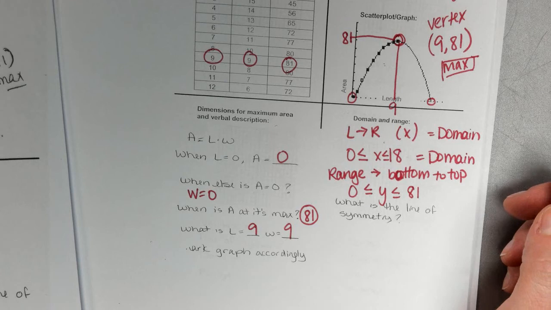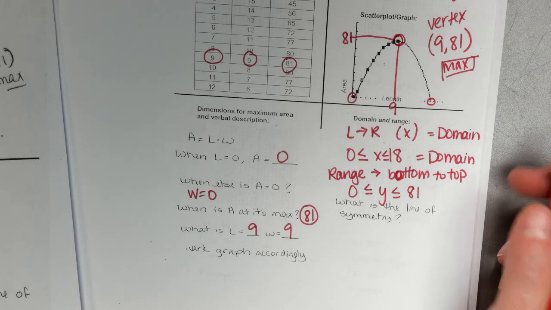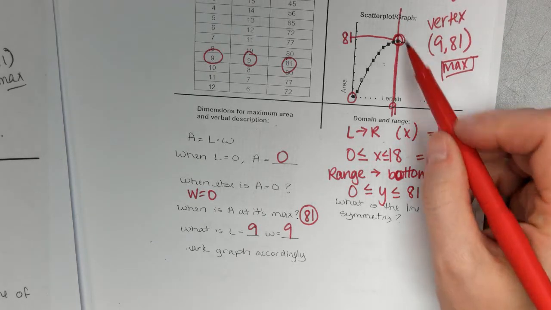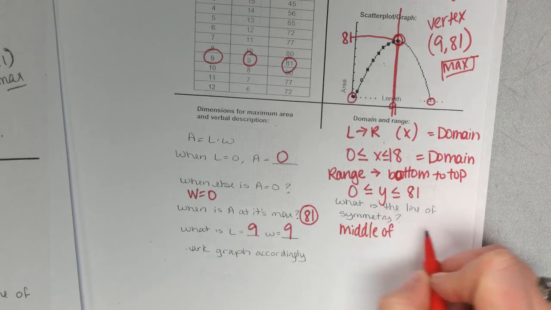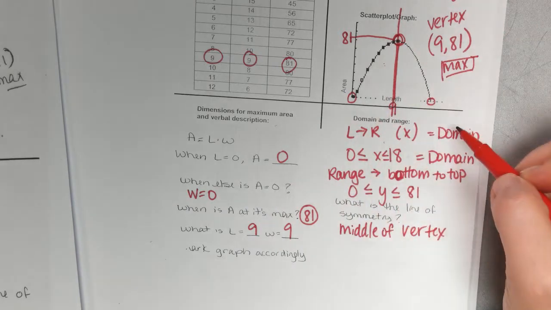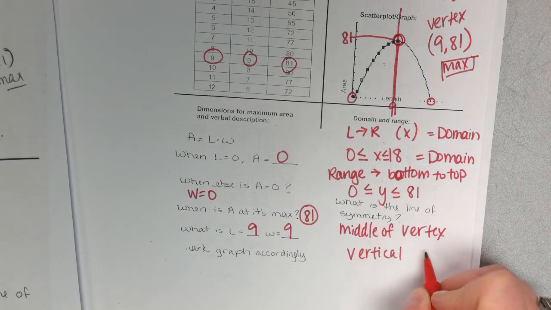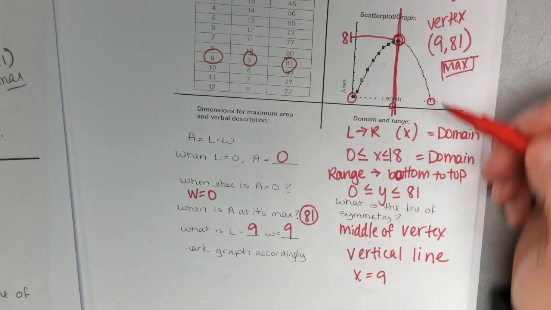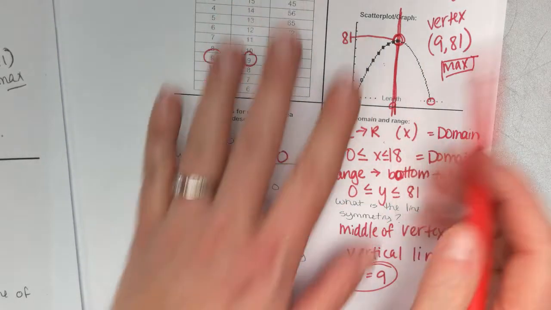Okay? And then when it says, what is the line of symmetry? The line of symmetry is going to be right down the middle of the vertex. And in this case, since this is an up and down parabola, it's going to be a vertical line. That's your line of symmetry. And it's at x equals 9. This is x equals 9 right here. Okay? So it's symmetrical on both sides of this line.